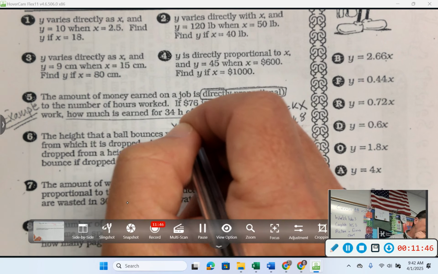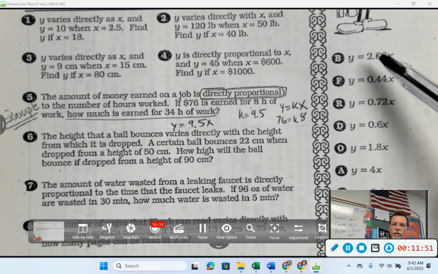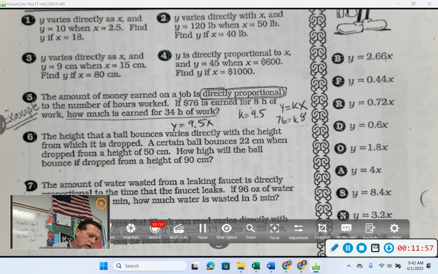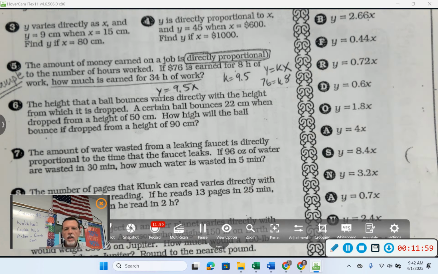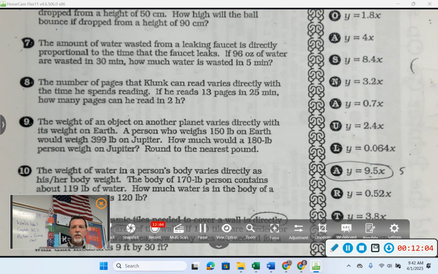So the equation is y equals 9.5x. So now I look for that equation. It's down toward the bottom. Again, I'm going to label it number 5 just in case I need to go back and check something.